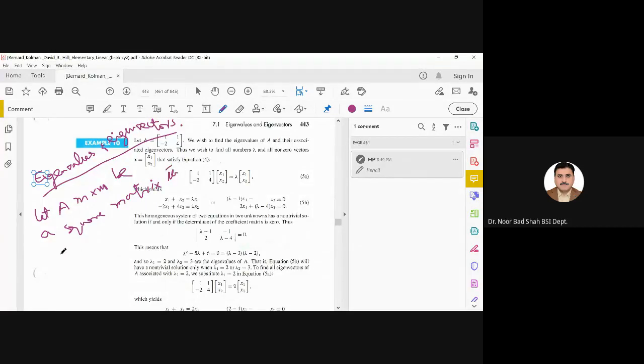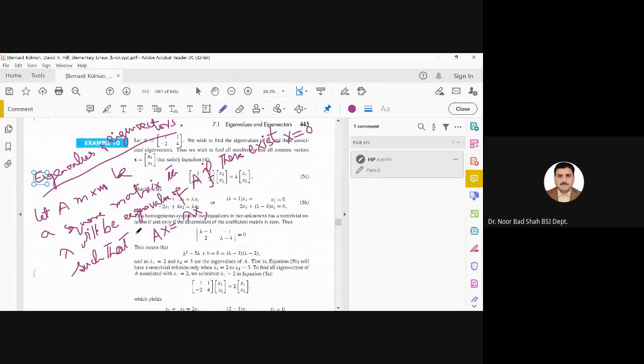Then we say a number lambda will be an eigenvalue of matrix A if there exists a non-zero vector x, which is not equal to 0, such that A multiplied by x is equal to lambda multiplied by x, right?